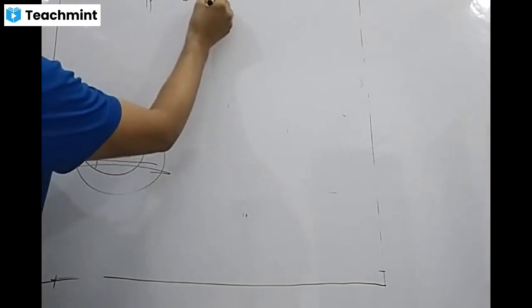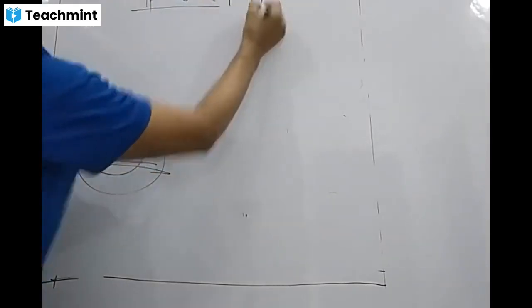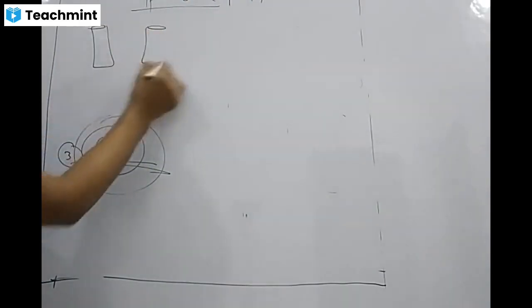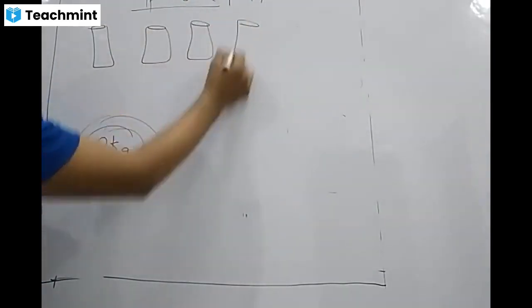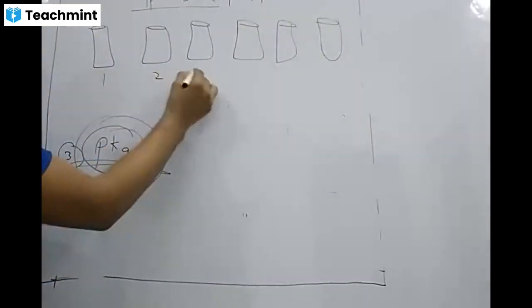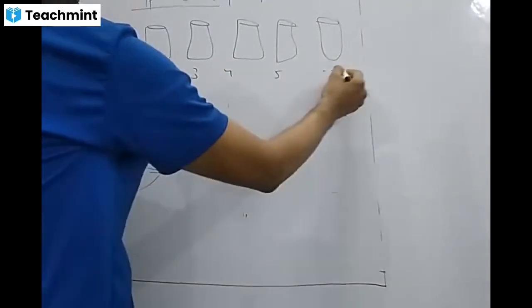From your lower classes, you know the pH scale 1 to 14. If I draw 14 beakers, these are the 14 beakers. Suppose 1, 2, 3, 4, 5 and then 14.